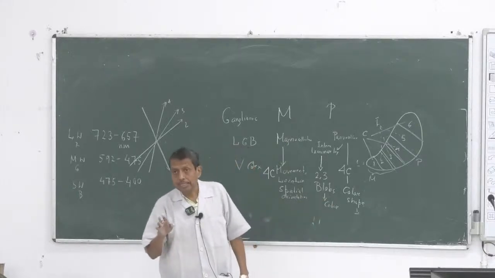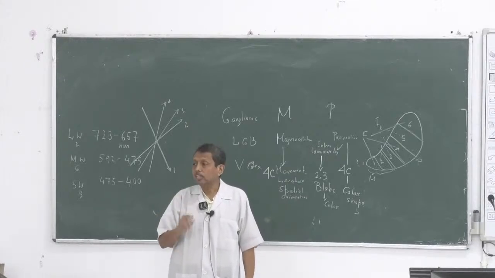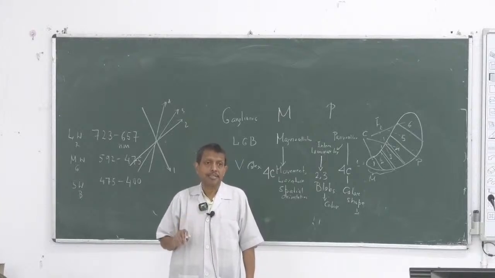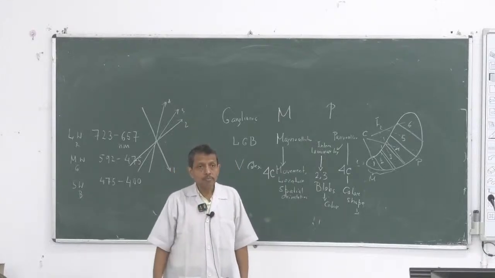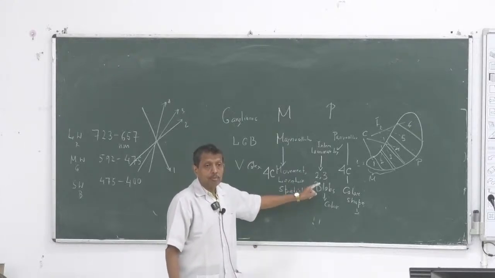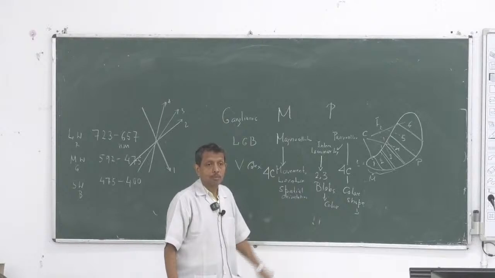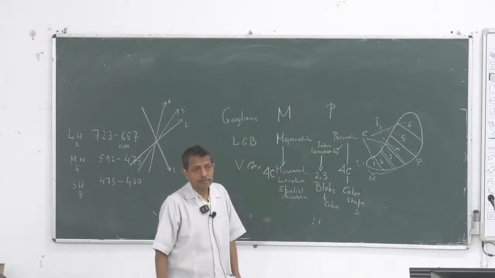So it indicates that whenever there is a linear stimulus, it may be colorless or it may be colored. So analysis is going on in this way, and from this layer they go to different other parts of the visual cortex, not the primary visual area.